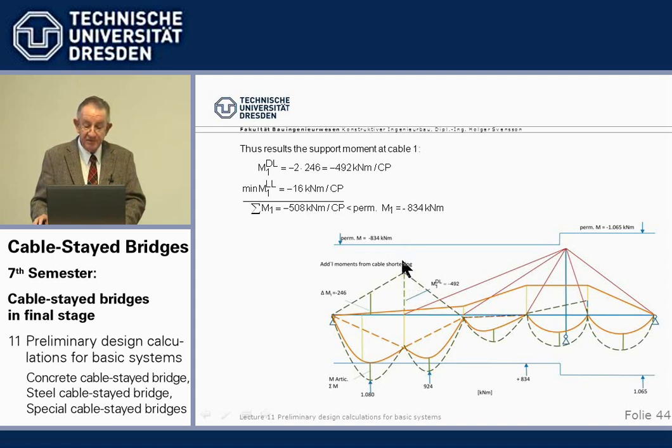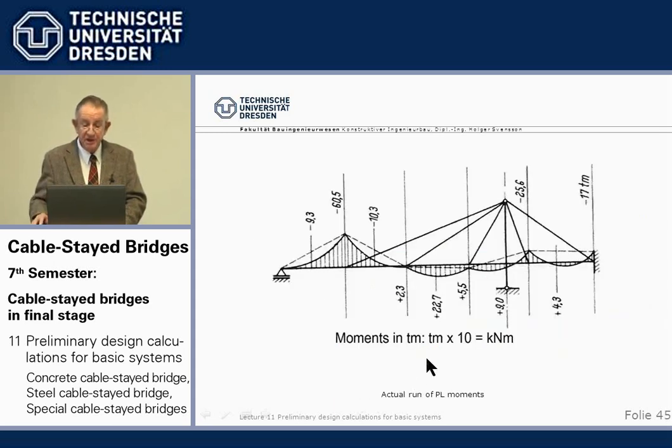So we have reserve stresses here for something like 100 kilonewton meters, and of course then here at the bottom. And that would lead us to this run of permanent loads, which we wanted to find out.